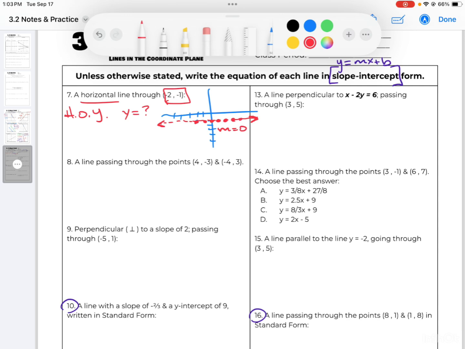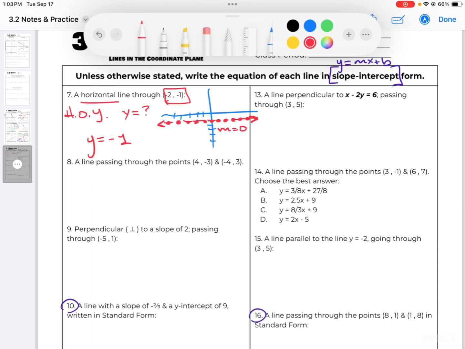And pretty much because this line has no slope, it is a constant y value of -1. So you would write it as y equals -1. And that's your complete answer. Y equals a number is the equation of a horizontal line.